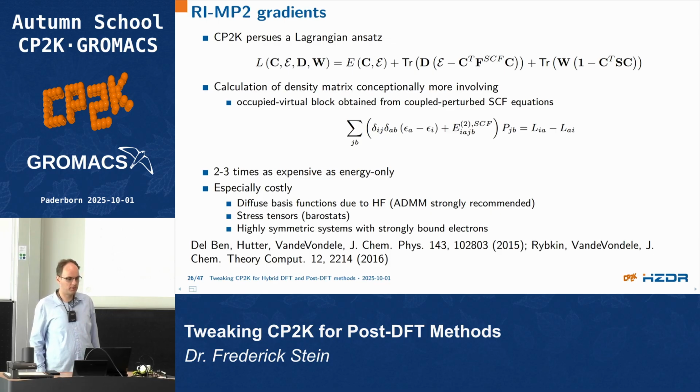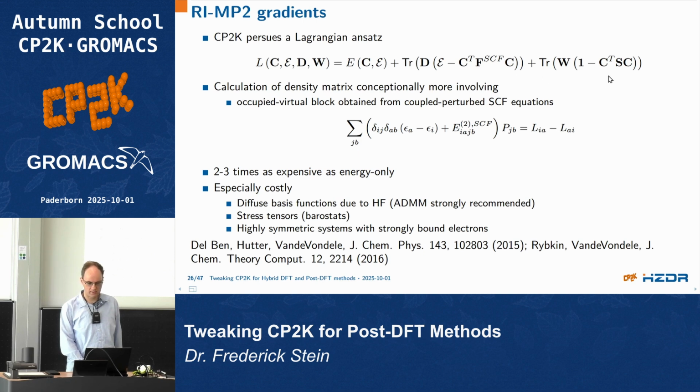CP2K employs something which is called a Lagrangian ansatz, meaning that we basically augment our energy functional with equations to ensure that the orbital energies are still basically the diagonal elements of the Fock matrix, and the second one is that the orbitals are still orthonormalized. If you basically do the maths about it, then you will find that you need to solve something which is called coupled perturbed SCF equations.